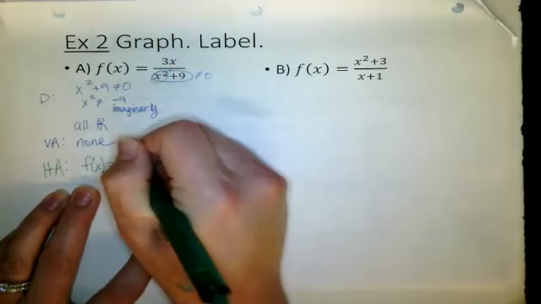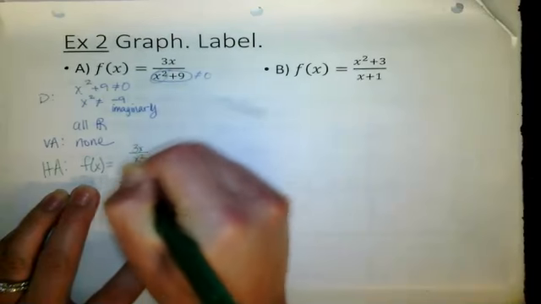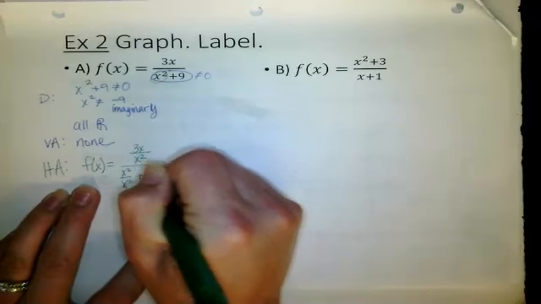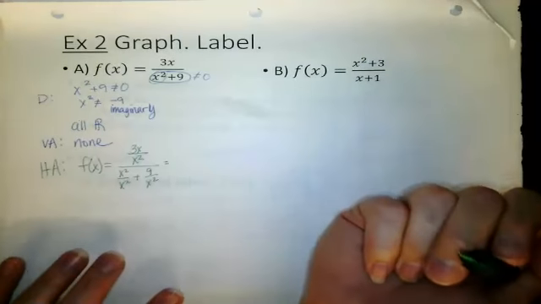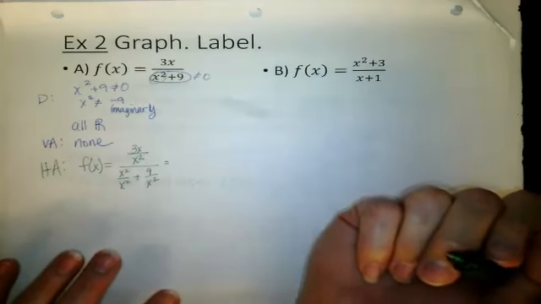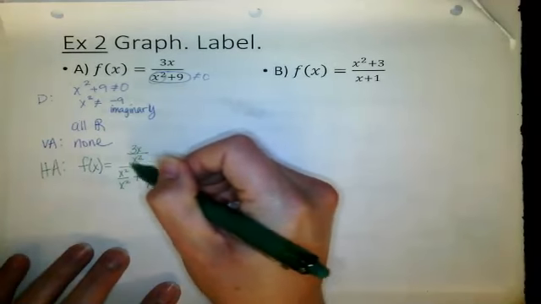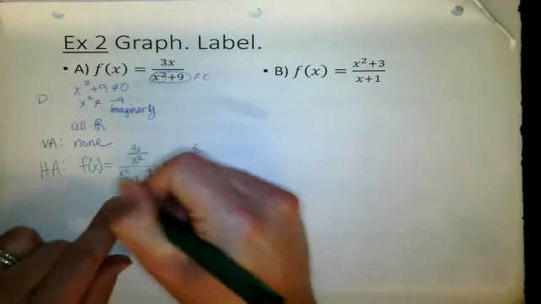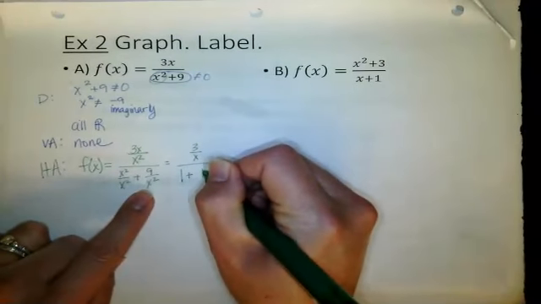So I'm going to divide every single term through by x squared: x squared divided by x squared, and then 9 divided by x squared. Let me clean it up a little bit. How does 3x over x squared clean up? 3 over x. x squared divided by x squared? 1. Does 9 divided by x squared clean up? No.